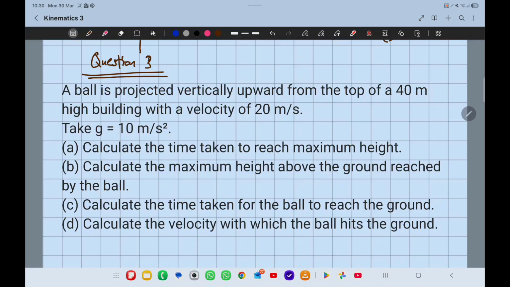All right. So another question, which is our last, is also looking at motion under gravity. So the issue here is a ball is projected vertically upward from the top of a 40-meter high building with a velocity.